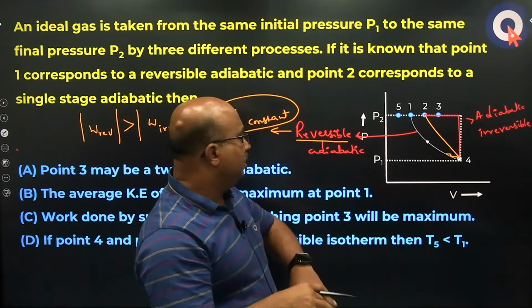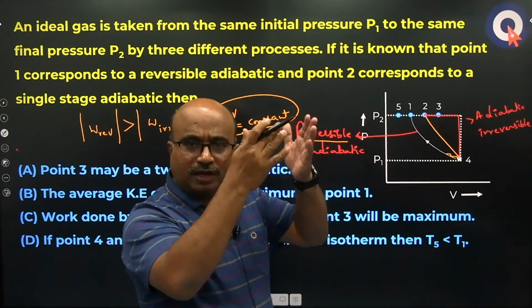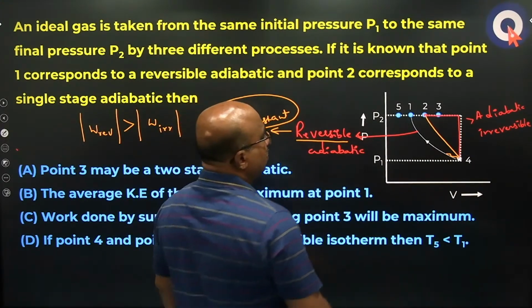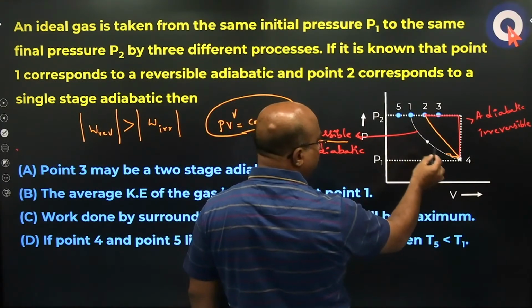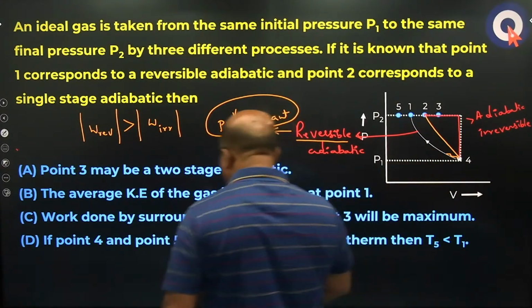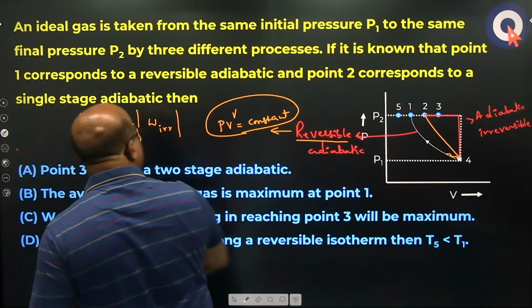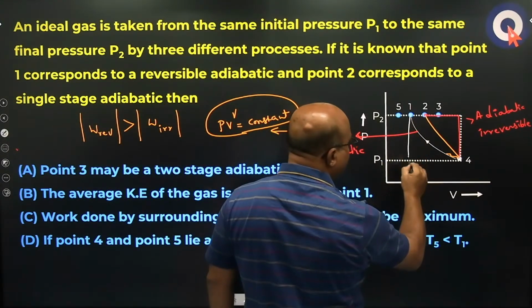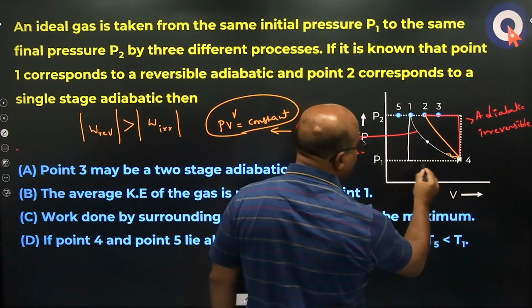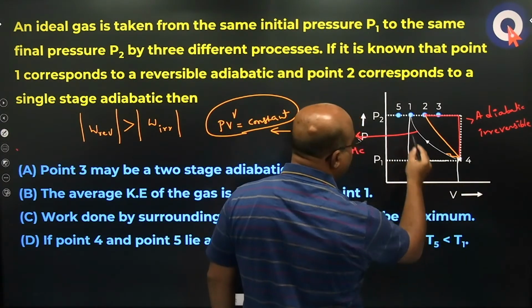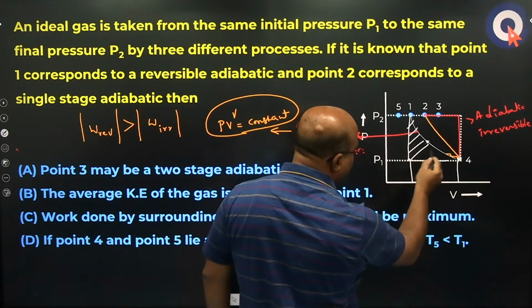That's how we generally define the work as the area under the curves. If you take the curve area here for a reversible, this is the total area you can take.